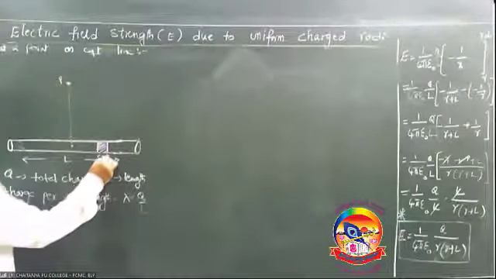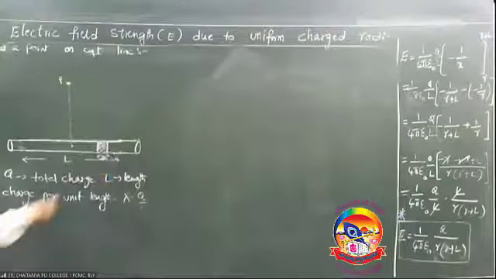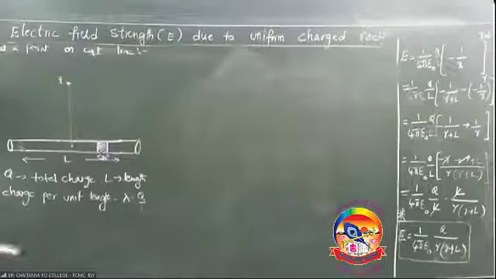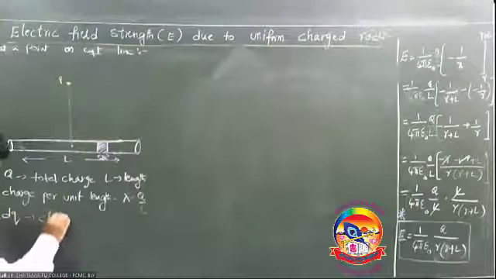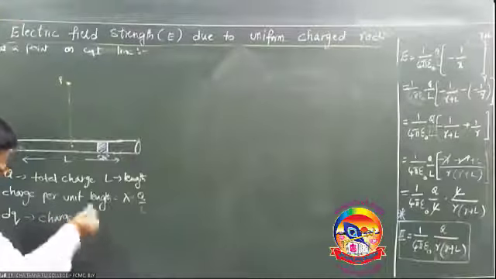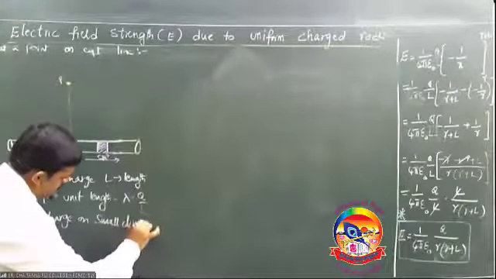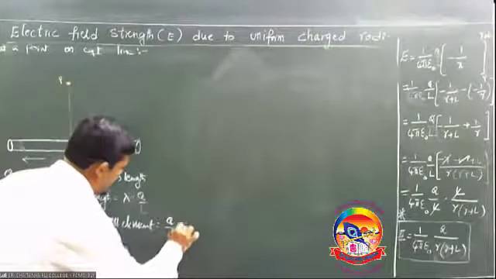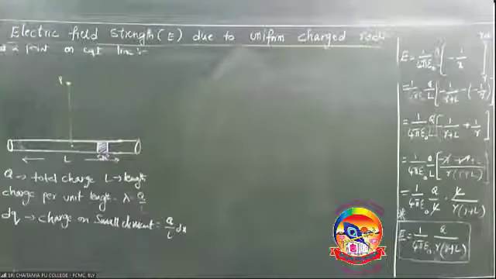Write it down in your notes because the letters are small and may not be visible. Small element of length dx. Then the charge on that small element is Q by L dx, as in the previous case.